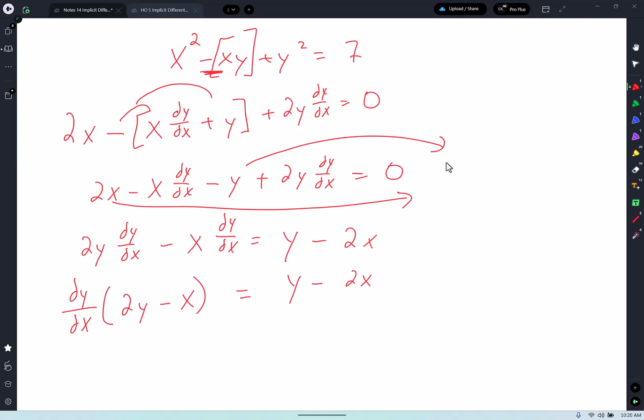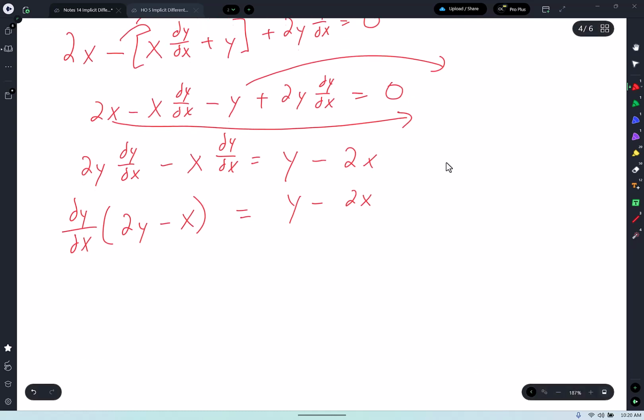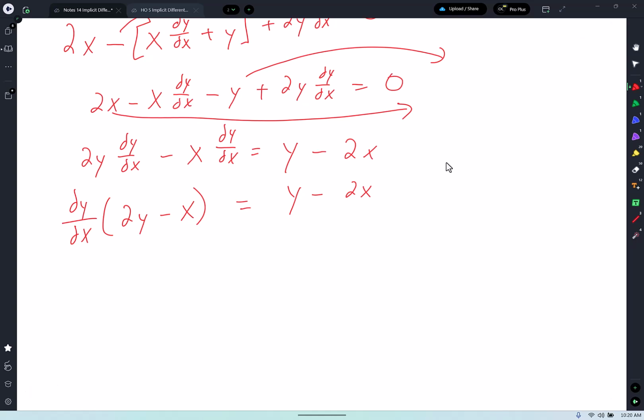Now what do I do? Yeah, just divide. This is a product, guys: dy dx times 2y minus x. So divide. dy dx equals y minus 2x over 2y minus x. Not a big caution because we're not doing multivariable calculus.